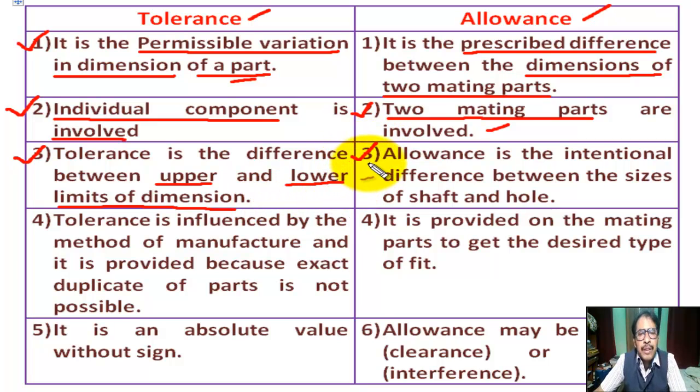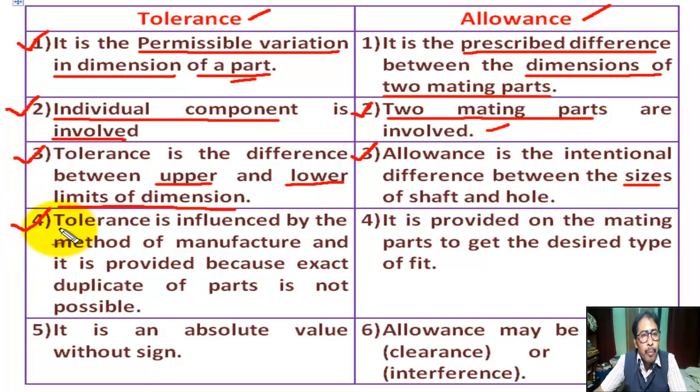Allowance, number 3. Allowance is the intentional difference between the sizes of shaft and hole, the difference between the lower limit of the hole and the higher limit of the shaft. Okay.